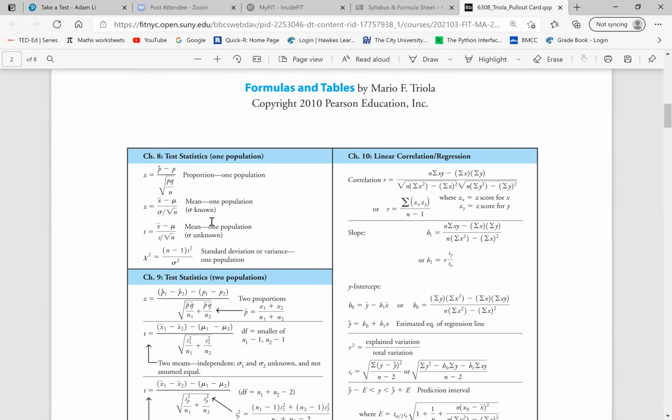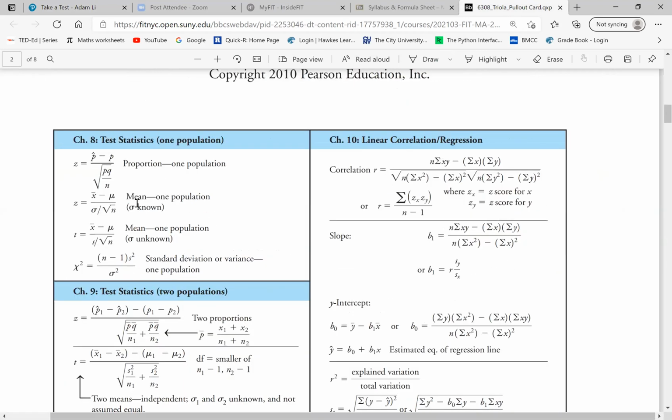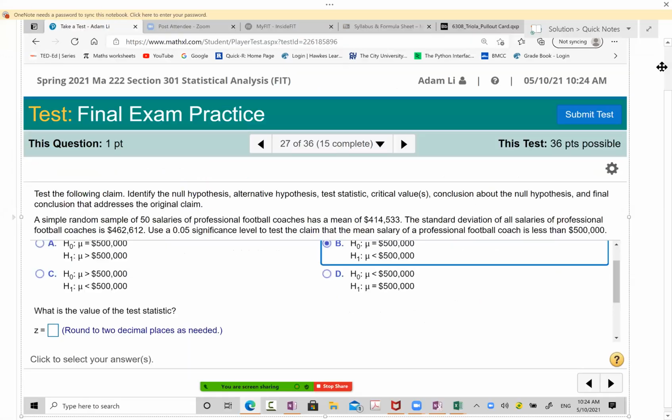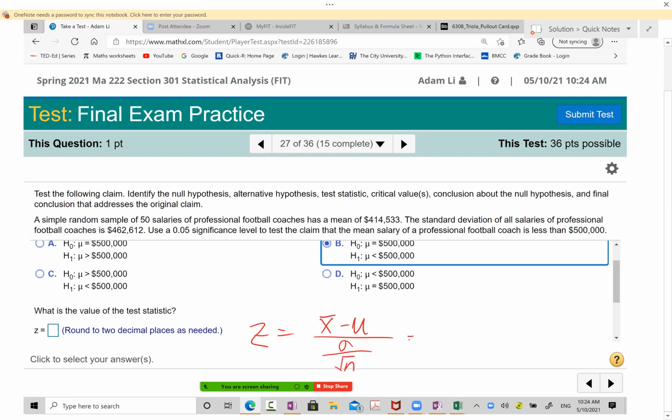Here we go. So sigma is known, so we're using this formula. It's like the same formula as the central limit theorem: sample mean minus population mean, divided by population standard deviation over square root of sample size. That's how we calculate the z-score.